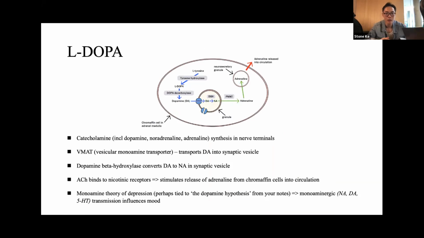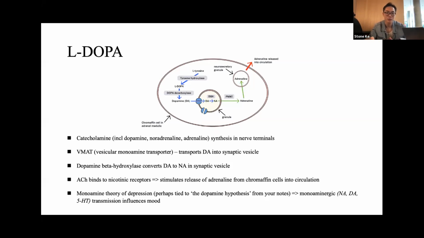It's all one pathway. Not necessarily taking place everywhere: some cells only go to noradrenaline, some cells go all the way to adrenaline. But anyway, you start with L-tyrosine. The enzyme tyrosine hydroxylase converts it to L-DOPA. Dopa decarboxylase converts that to dopamine.